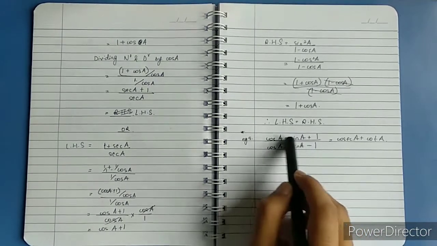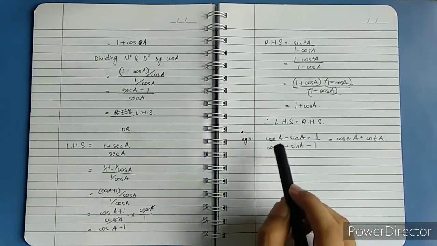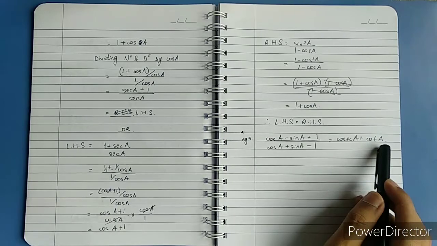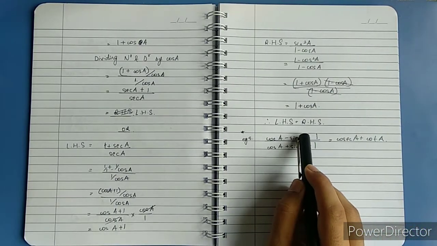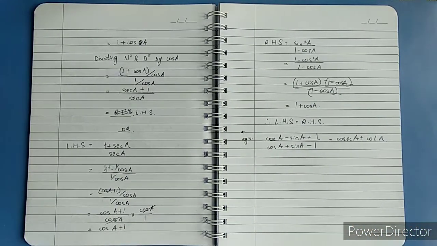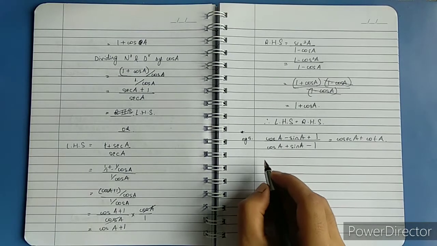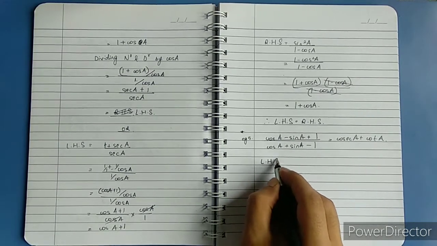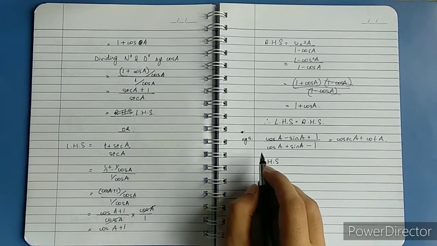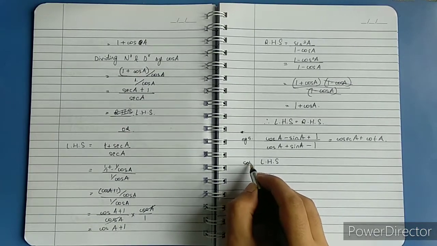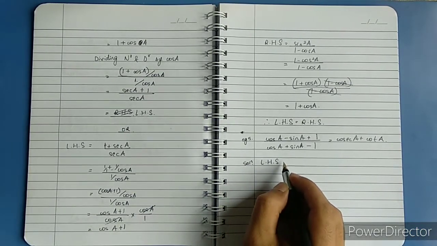So over here, we'll try and convert this in terms of cosec and cot by dividing the numerator and the denominator by sin A. So we'll take the left hand side. There are a number of methods to solve this particular question. We'll deal with each of them one by one.